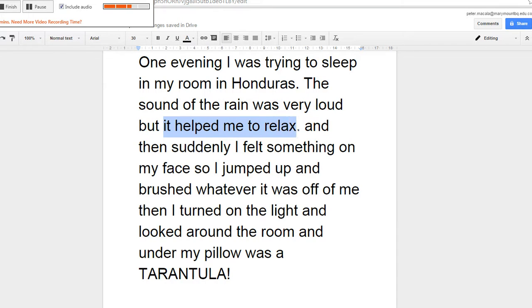It helped me to relax. But since they're kind of talking about the same thing, I'm going to stick them together. I'm going to add a comma. The sound of the rain was very loud, comma, but it helped me to relax. If I use a comma, I don't have to get rid of those keywords. I can leave it in. And so it says now, the sound of the rain was very loud, but it helped me to relax. Good. I'm good so far.